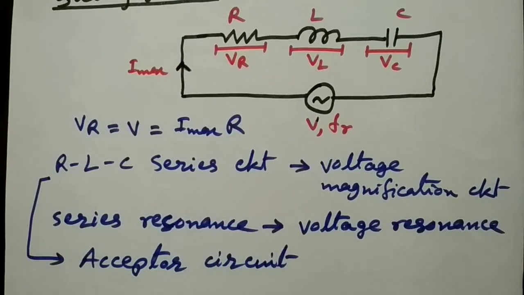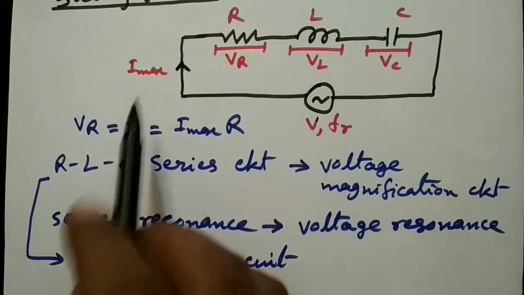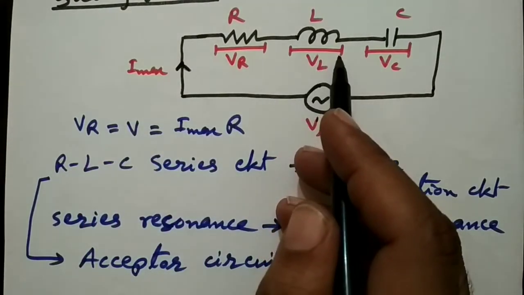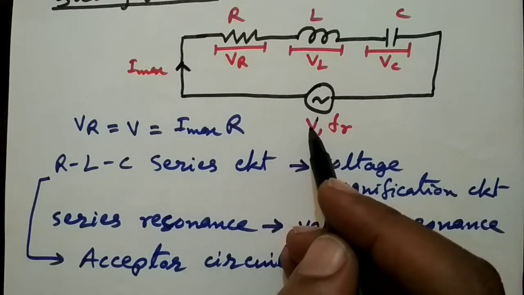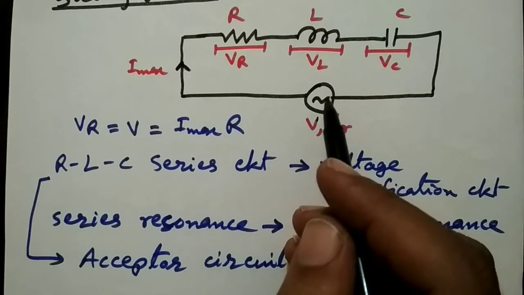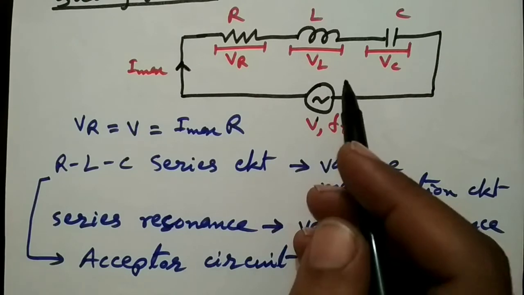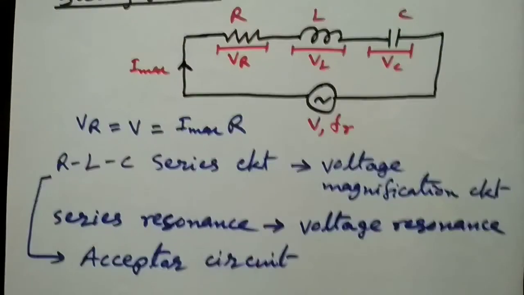So these are the various definitions and their relations. But in quality factor, as we have seen, during resonance the current flow through the circuit is maximum. Therefore, the voltage drop across the inductor or the capacitor will be greater than the supply voltage. So the value by which the voltage is magnified is considered as the quality factor.